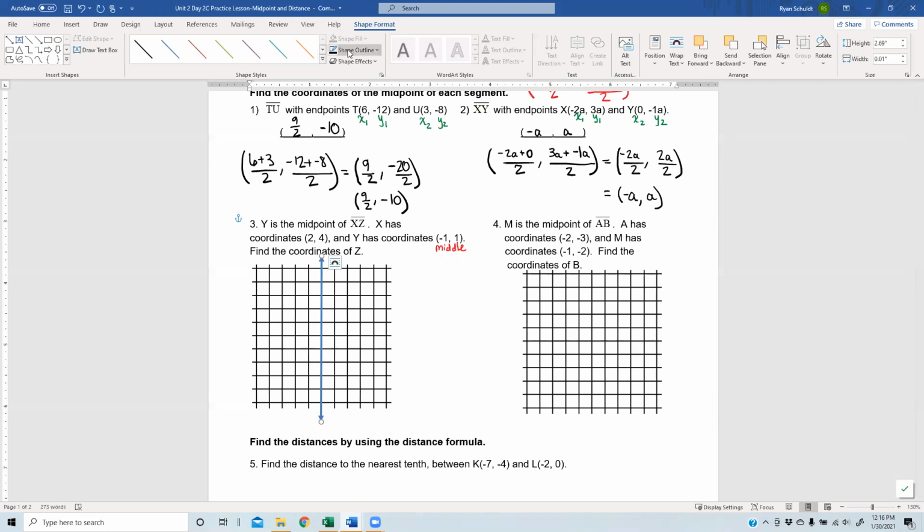Okay, let's see. Let's make this bright blue. There we go. So there's one axis. Now let's draw our other axis in there.